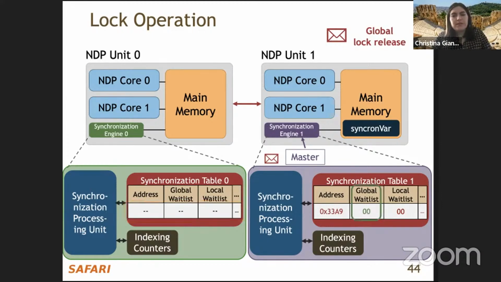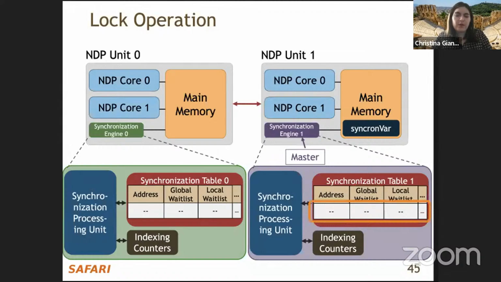Then the master synchronization engine resets the corresponding bit in the global waiting list. If there are no other requests, meaning that both the local and the global waiting lists are now empty, the master synchronization engine also releases the corresponding synchronization table entry.